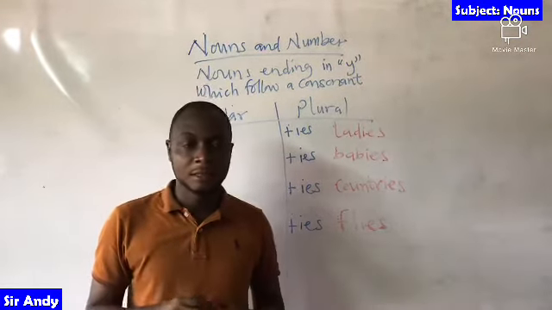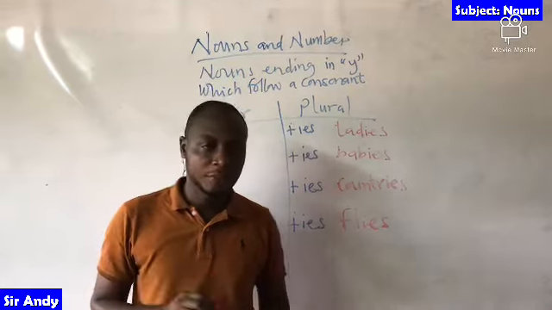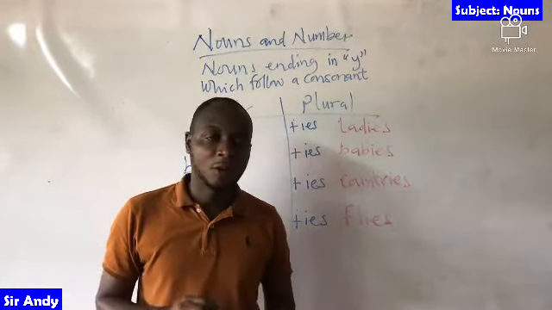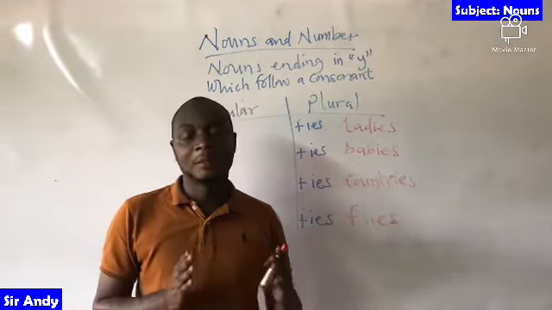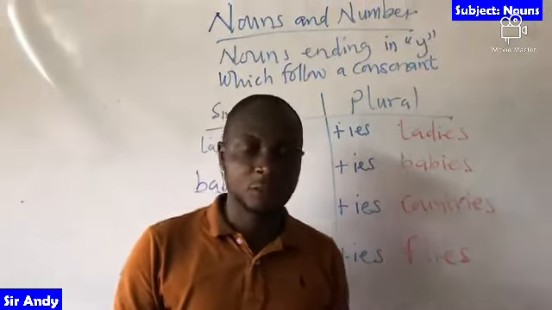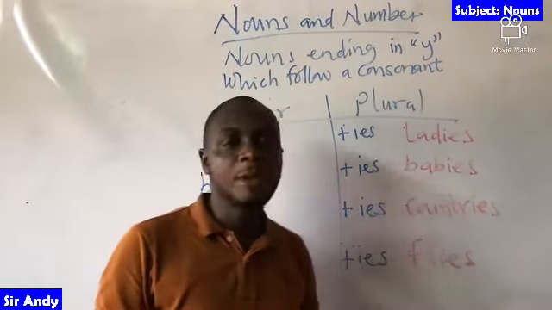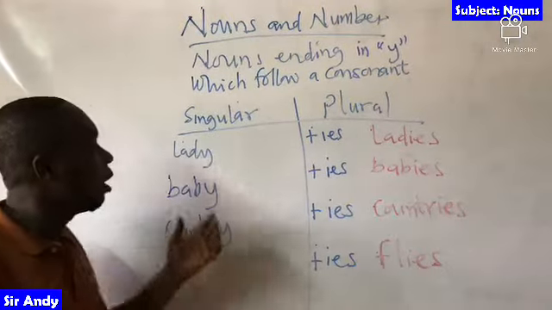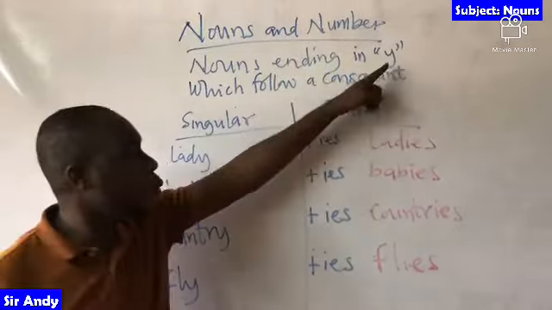In our previous lesson, we got to know the definition of a noun, how nouns are formed, and some nouns which admit the suffix s to change from their singular forms to their plural forms. Today we are going on to nouns which end with y.